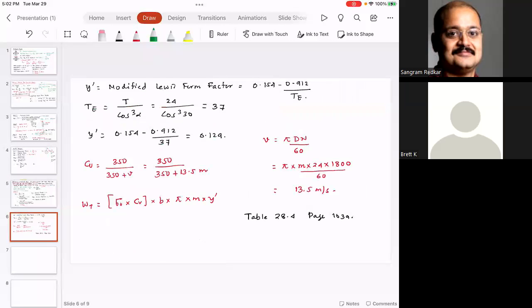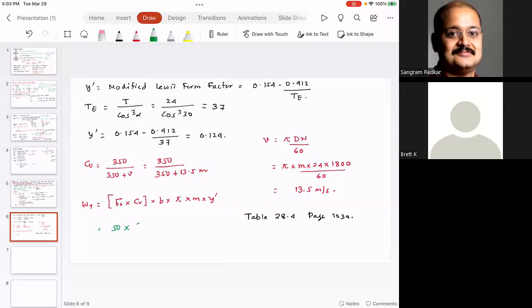If the value is not given, then you can go to table 28.4, page 1039, and select the appropriate value of the stress. So this is 50.